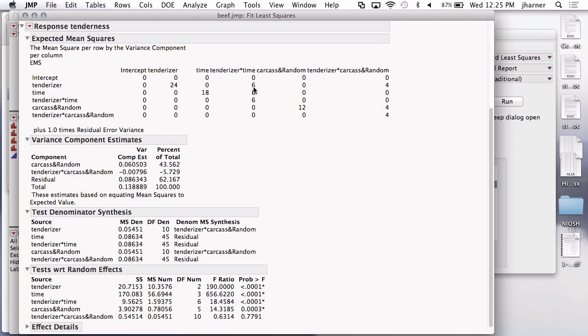It almost seems to me like you have to combine the tenderizer by time with the tenderizer by carcass, because the tenderizer by time picks up the 6, which cancels out that 6, and then this 4 cancels out that 4, and it only leaves this.